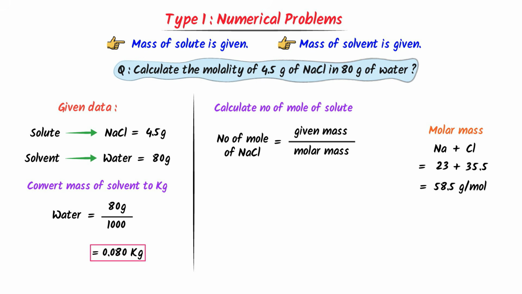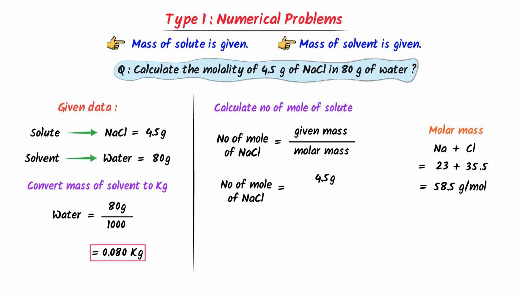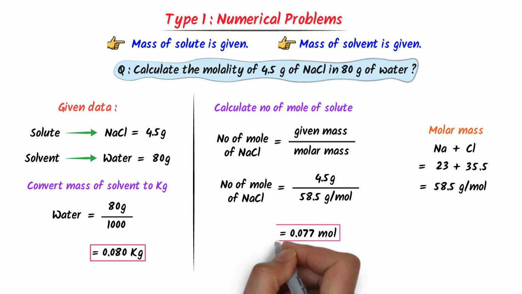We know that given mass of sodium chloride is 4.5 gram and its molar mass is 58.5 gram per mole. After calculation, I get 0.077 moles.